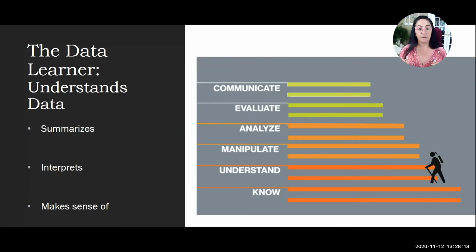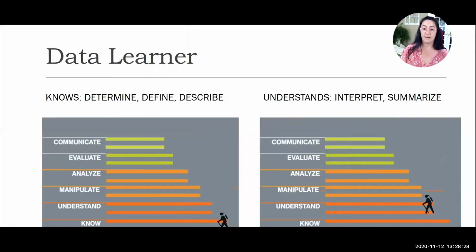This is basic summaries. This is just at the very basic level. They can understand something and make sense of something that's been presented to them. So looking at the data learner profile overall, they move within the level 1 context, they move from knowing to understanding.